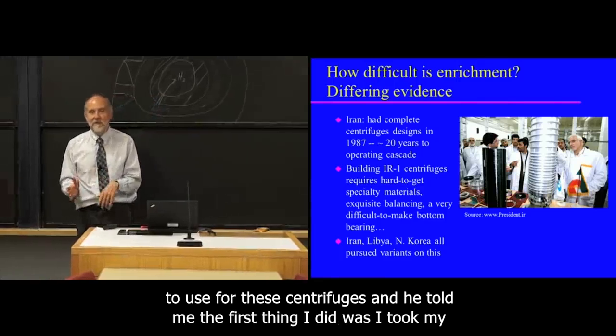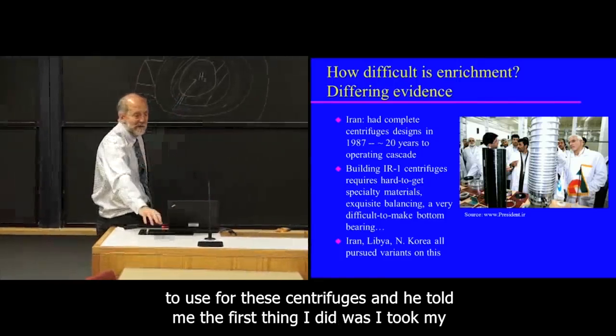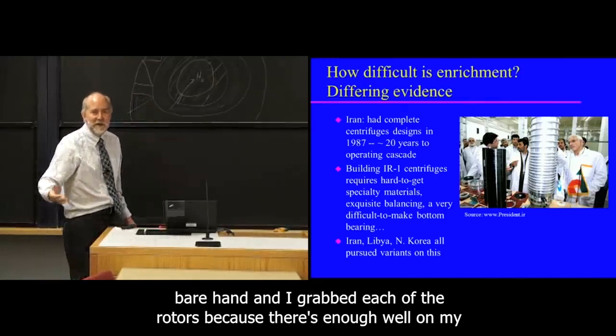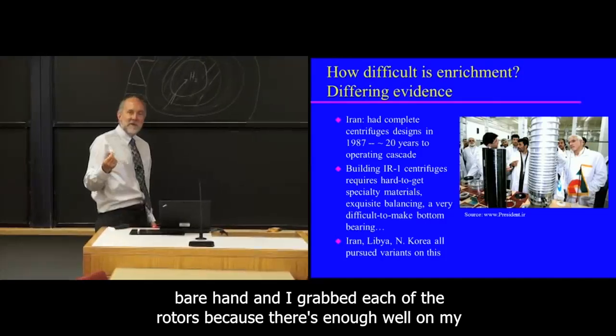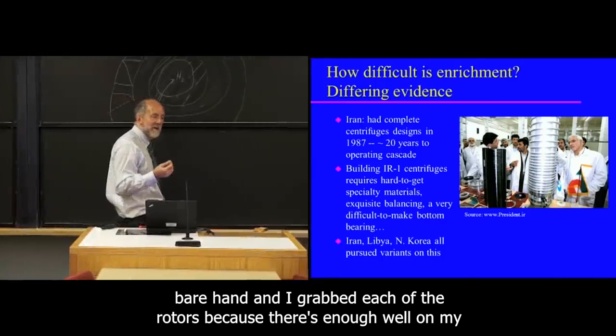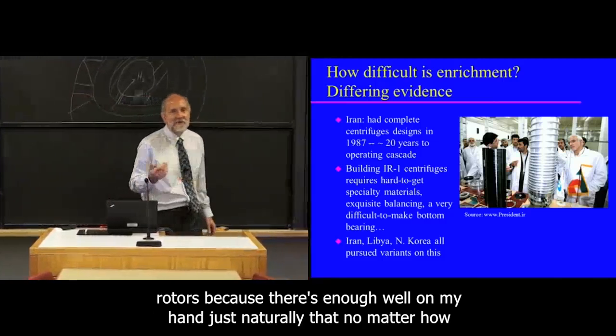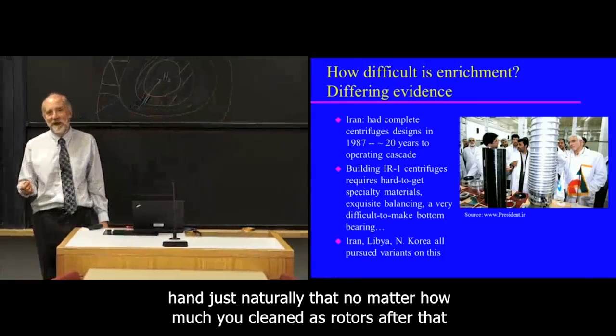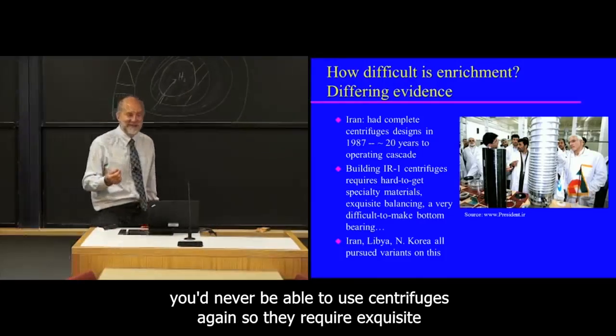And he told me the first thing I did was I took my bare hand and I grabbed each of the rotors, because there's enough oil on my hand just naturally that no matter how much you cleaned those rotors after that, you'd never be able to use them for centrifuges again.